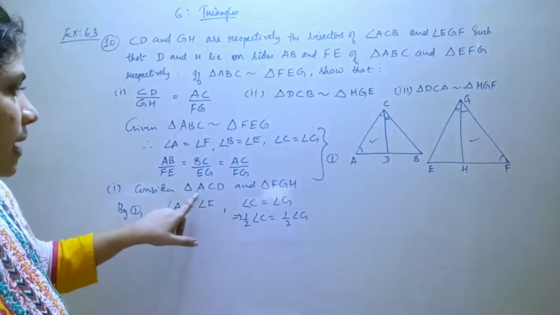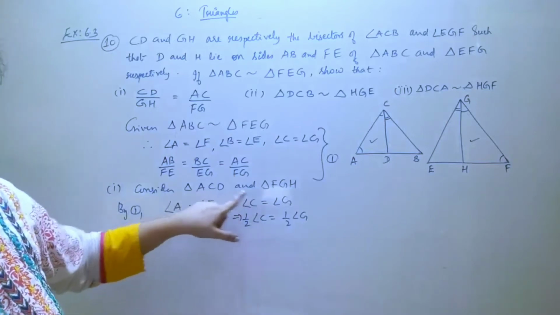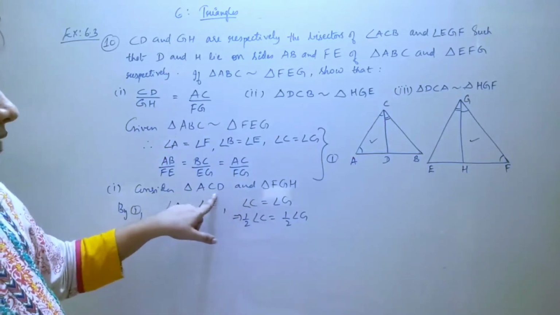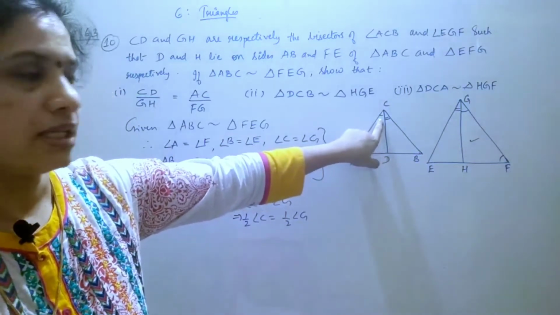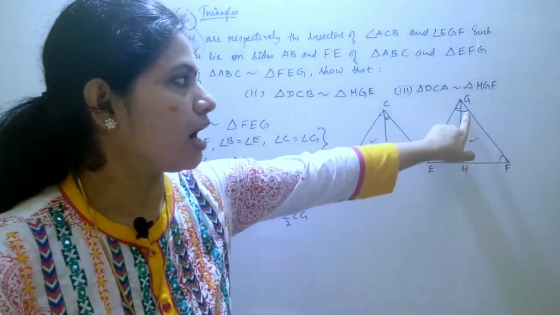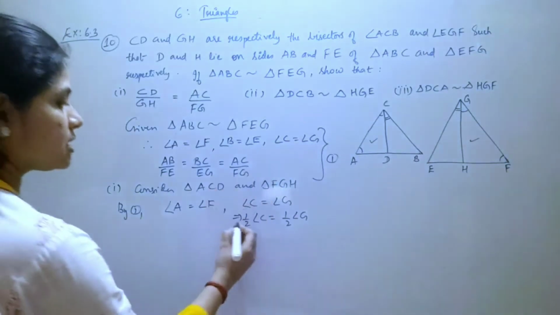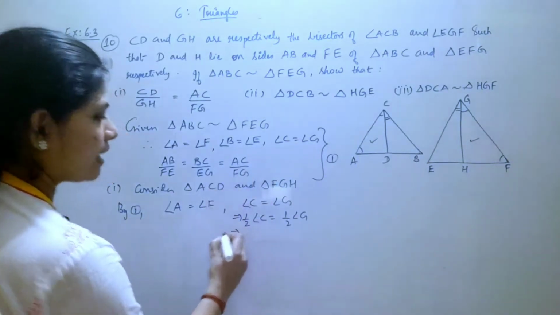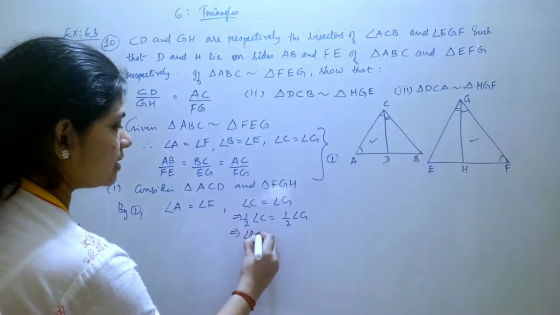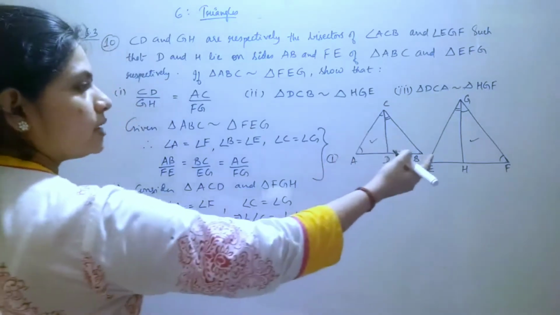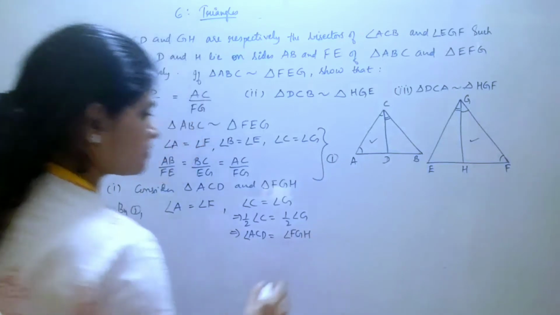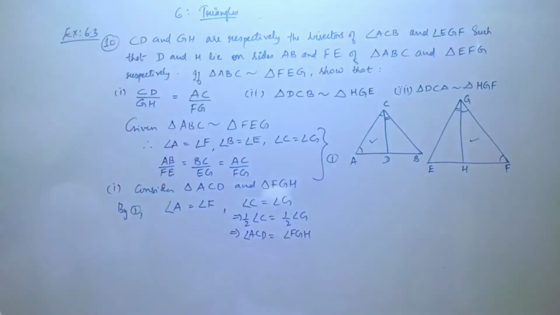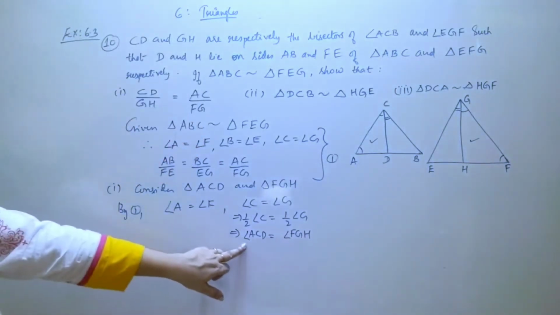My purpose here is to show these two triangles to be similar, so I will consider this triangle's angle half of C and this triangle's angle half of G. So what is that angle? You are getting half of angle C as angle ACD equal to the other part, angle FGH. So you got two things.